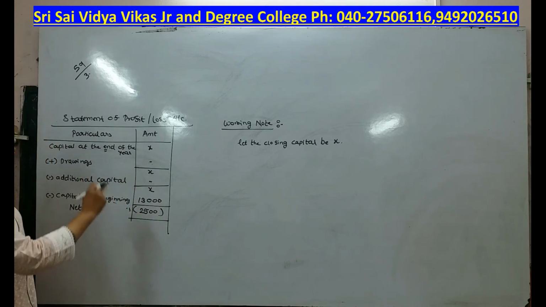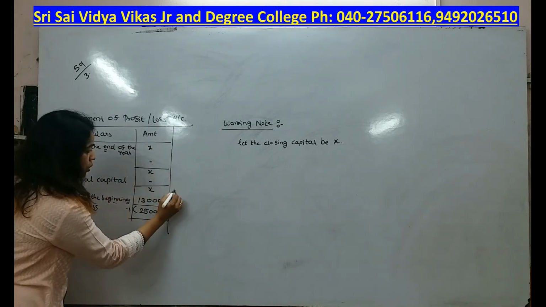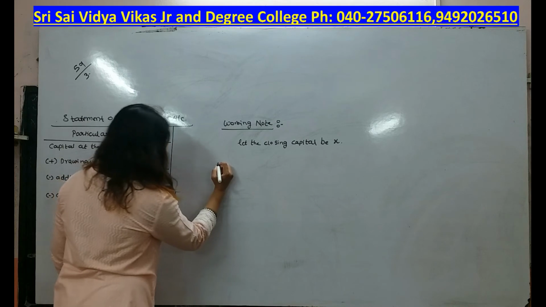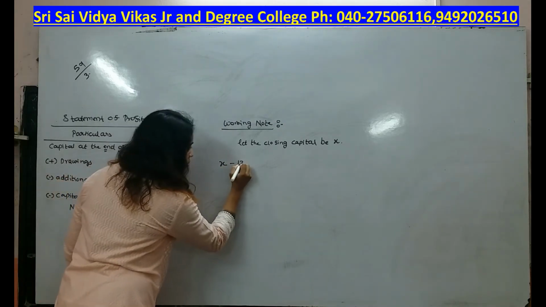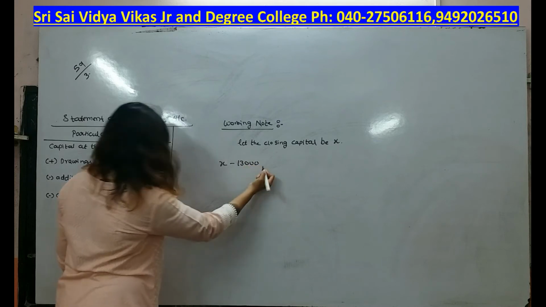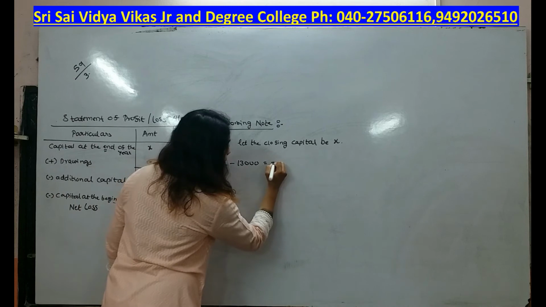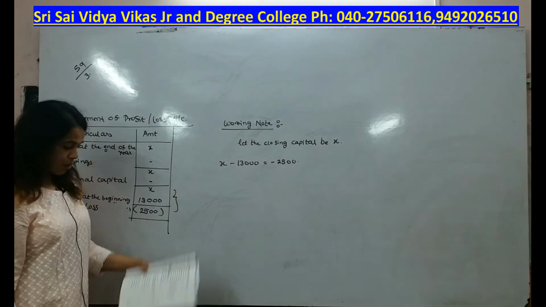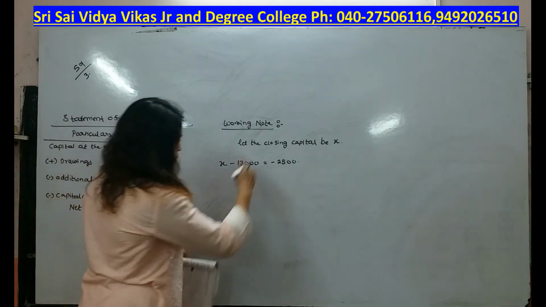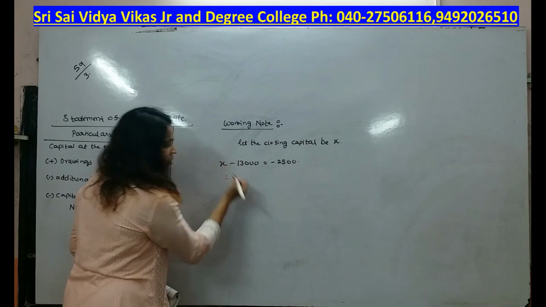So students, see what calculation, what amount I got. Here I got an equation. What is that equation? X minus 13,000 is equal to minus 2,500. Are you understanding this students? Now I want to find out the value of x.